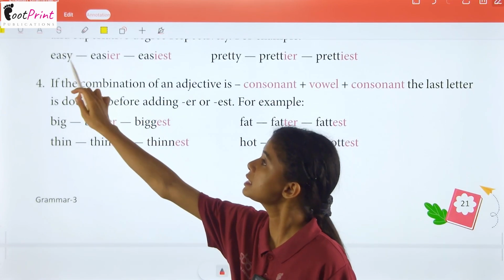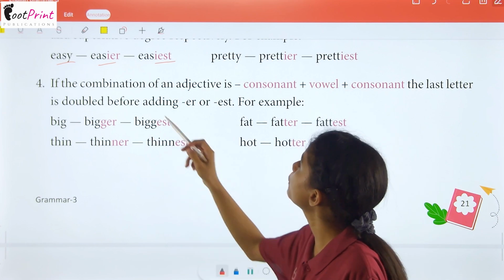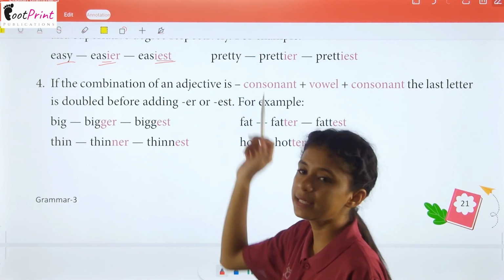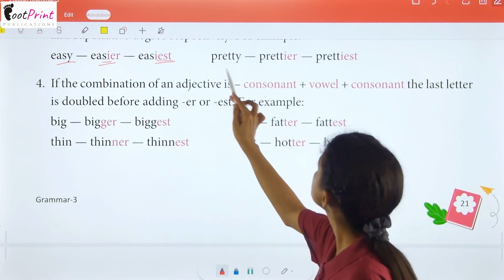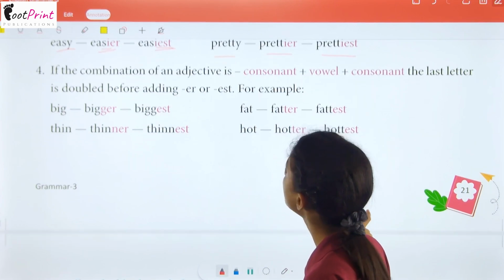For example, easy, easier, easiest. We have taken off the Y and put an I. After that, we have put ER and EST. Pretty, prettier, prettiest. The same way, this one is also done.